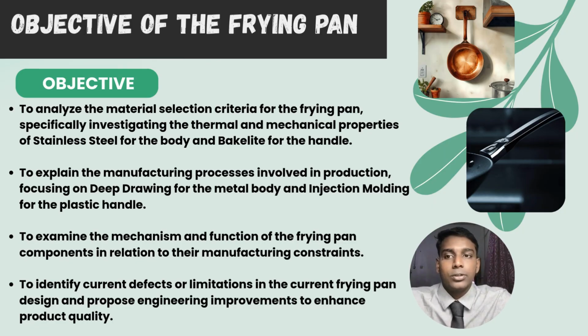Third, to examine the mechanism and function of the frying pan components in relation to their manufacturing constraints. Last but not least, to identify defects or limitations in the current frying pan design and propose engineering improvements to enhance product quality.